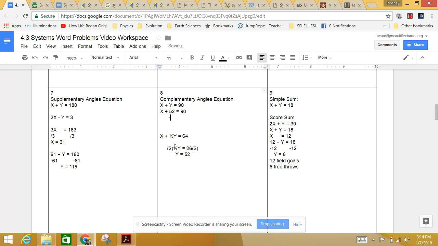So I subtract 52 from both sides, and x equals 90 minus 52. 90 minus 52 is going to be 38. So my two angles are 38 degrees and 52 degrees. If you add those together, you will get 90 degrees. They are complementary, so that satisfies that. And I hope that was helpful. Please try some more.